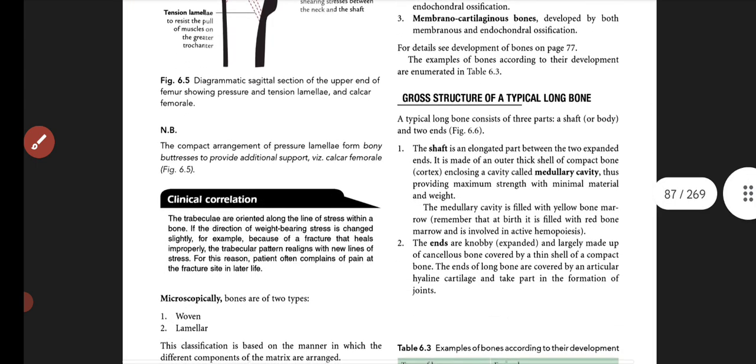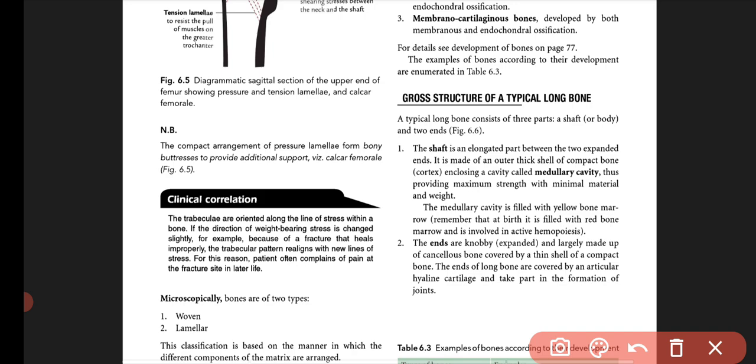Okay, next we will go to the gross structure of a typical long bone. This is an important portion in the exam; when the questions come, you write about the structure of a typical long bone.